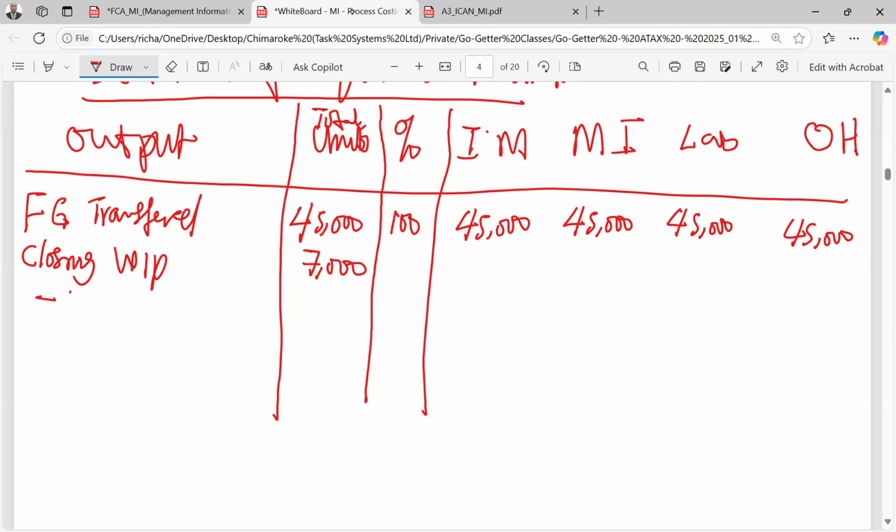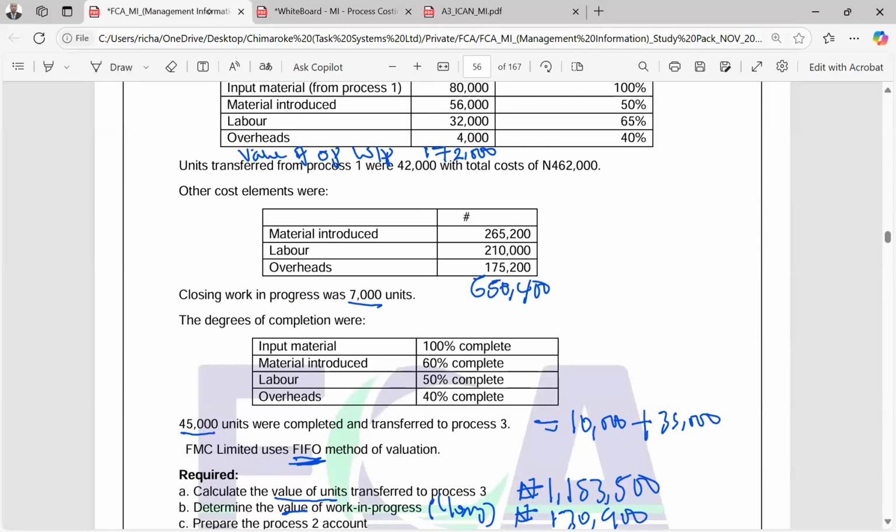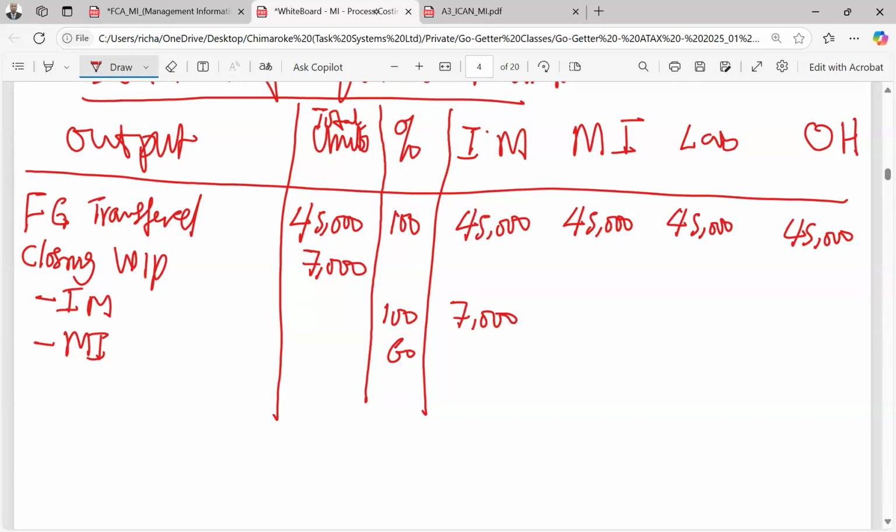For input material, we are told it's 100%, and that gives us 7,000. For material introduced, we were told it was 60%. 7 times 6 gives us 42, so 4,200.